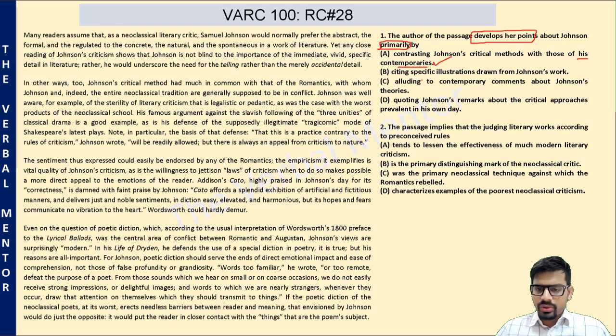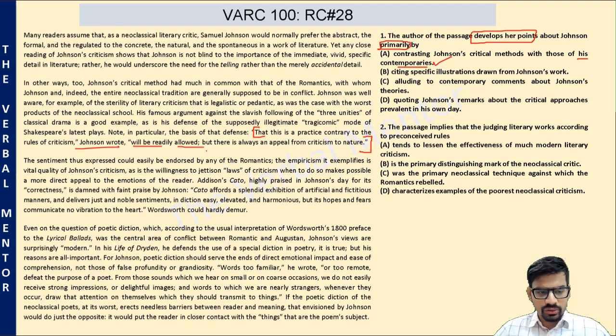Option B, citing specific illustrations drawn from Johnson's work. Okay, a better answer choice. Why? In the second paragraph, the author cites this illustration from his work in quotes. Johnson wrote this.